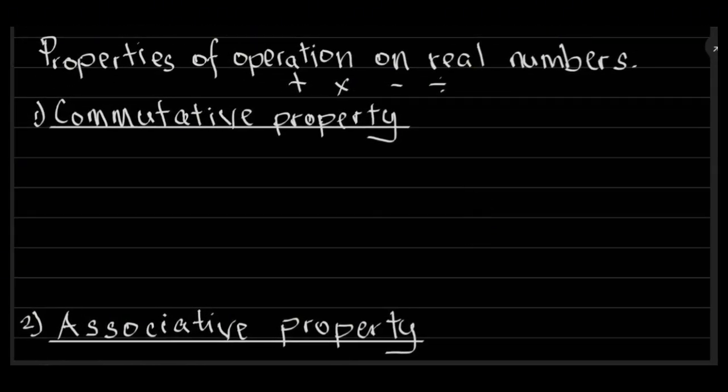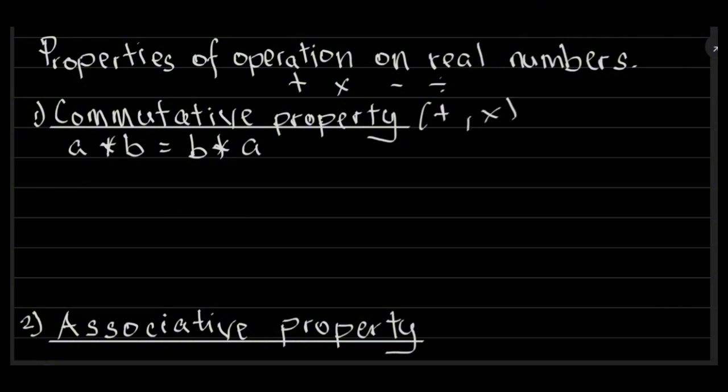So first, when we say commutative property, what do we mean by commutative property? All operations are said to be commutative if A operating on B is equal to B operating on A. Okay, and this only works for addition and multiplication.